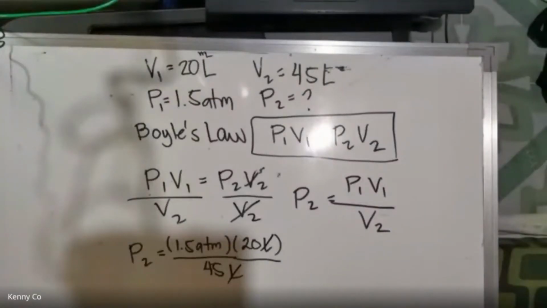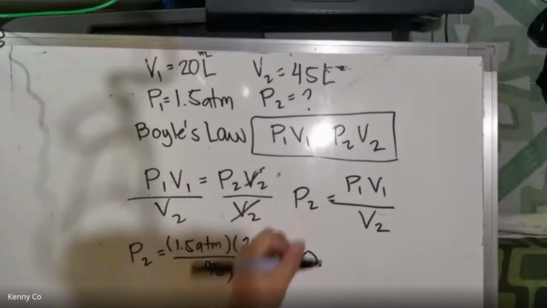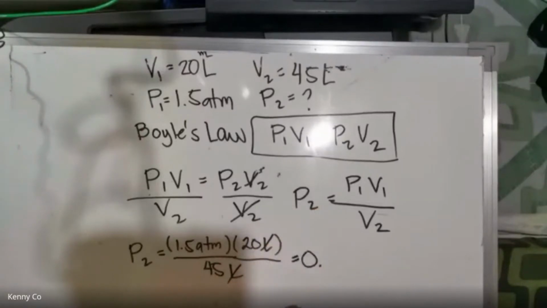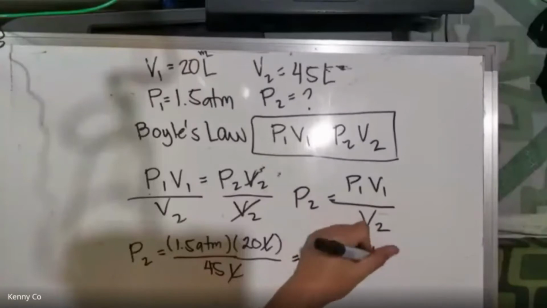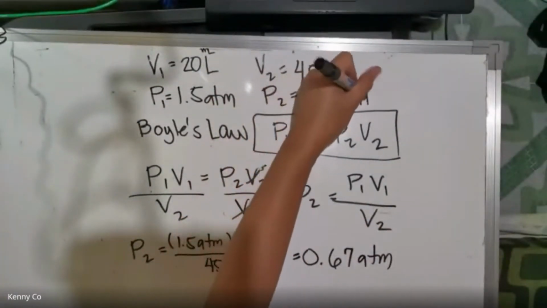So, 1.5 times 20 divided by 45. This will be equal to 0.67, two decimal places. So, the final pressure is 0.67 atm.